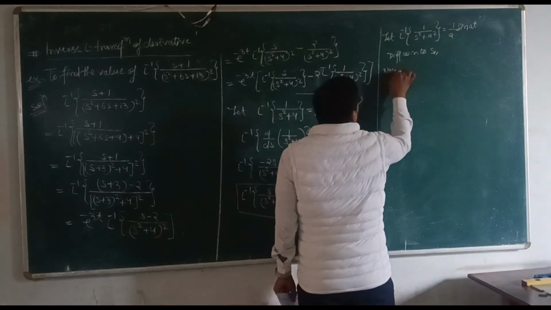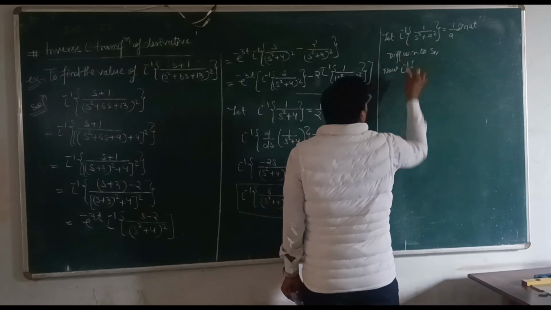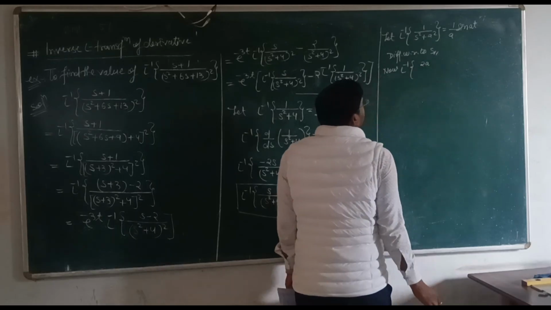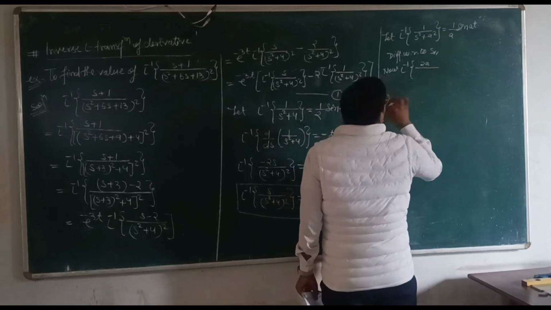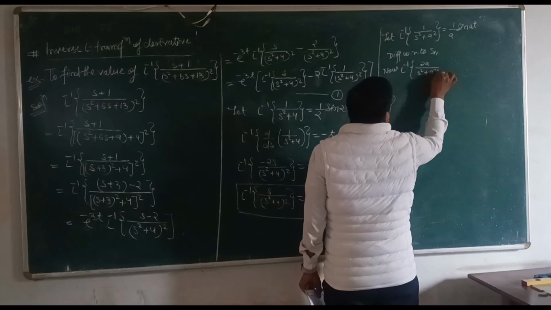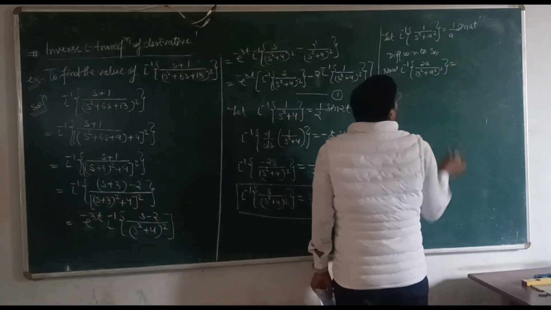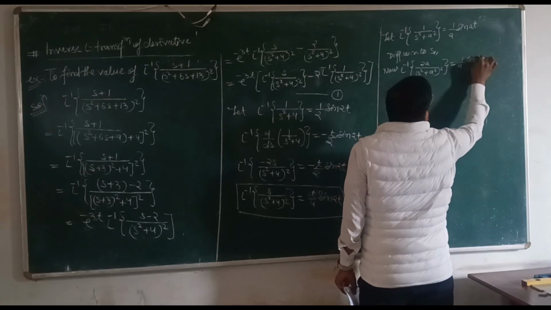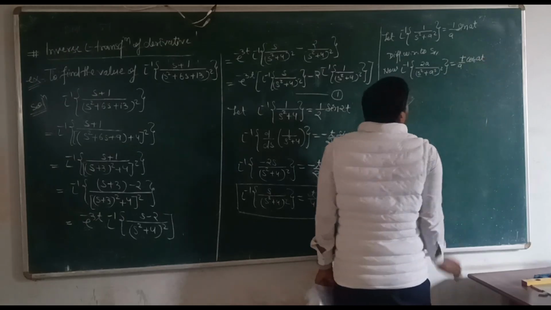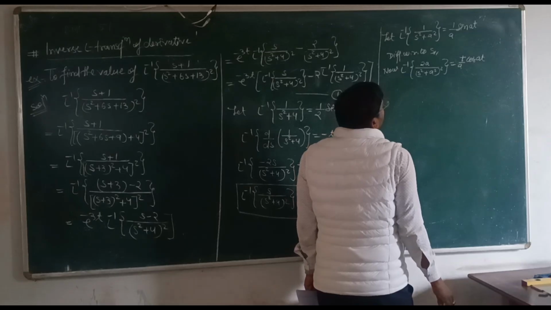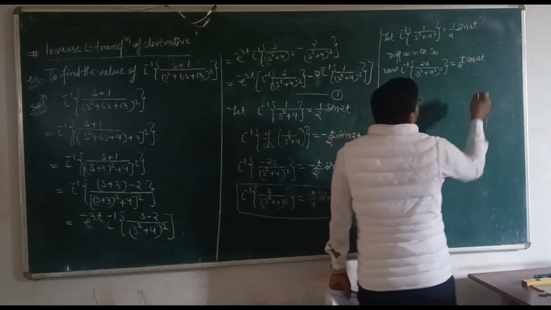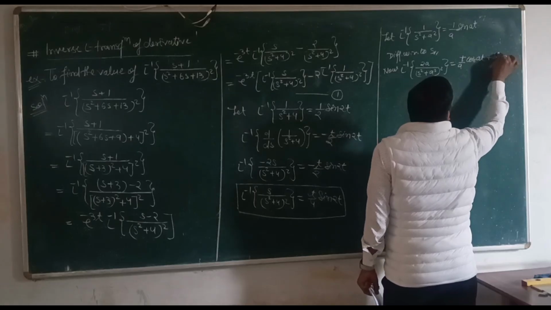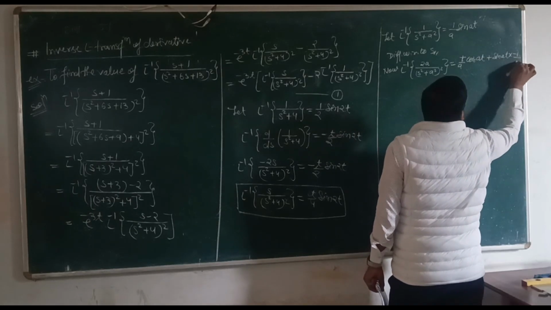Now inverse Laplace of 2a upon (s square plus a square) to the whole power 2 is equal to 1 upon a cos at into t plus sin at into minus 1 upon a square.